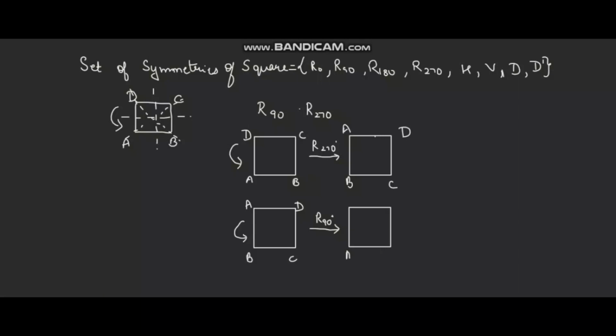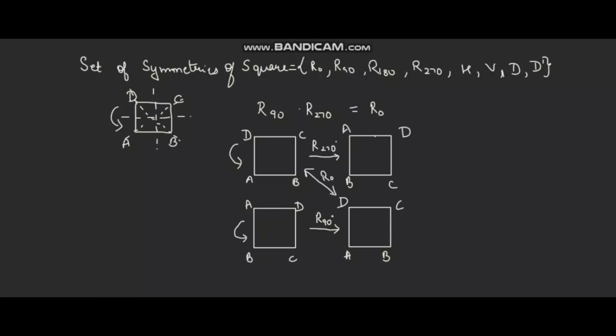So we get A, B, C, D. Now look, this orientation is similar to the orientation with which we started. So can we say that R90 and R270 on combination give us the rotation of 0 degrees? Because we are reaching the same orientation with which we started.